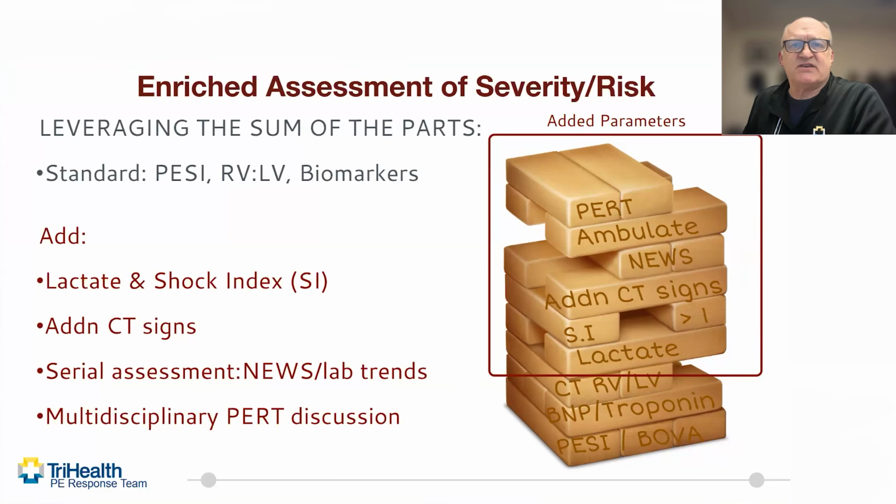The shock index is another. We also use additional CT findings like contrast reflux from the right atrium, the NEWS score, which serially trends vital signs, and even ambulating patients within the room. Patients who have significant dyspnea, tachycardia, and presyncope all suggest somewhat of a fixed cardiac output, and a patient who is in more danger than they may appear to be just from observing them at rest.